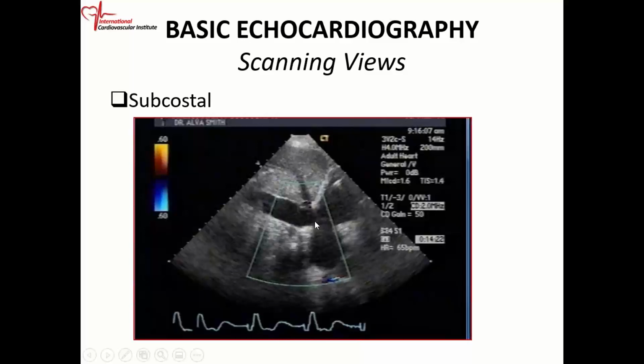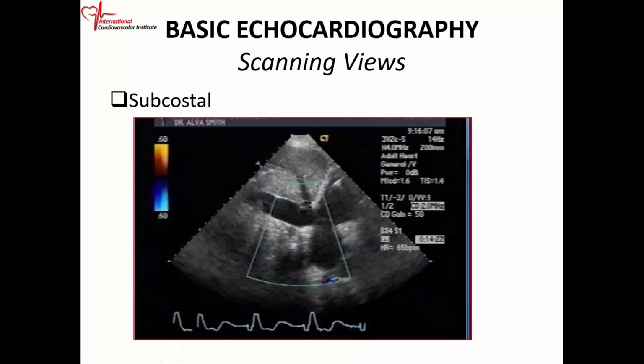This structure that's traversing the liver is the inferior vena cava, IVC, and this is a hepatic branch. Remember, the inferior vena cava drains into the right atrium.